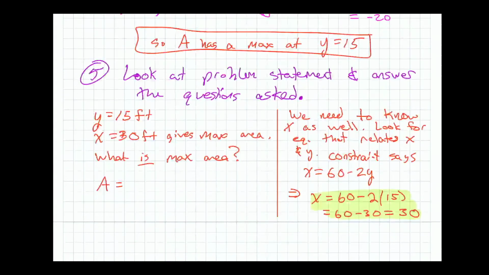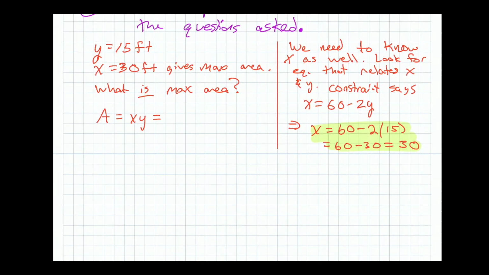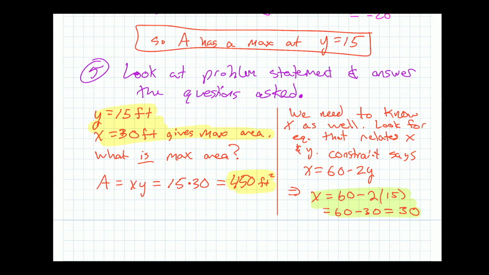So go back here, area is x times y, which is 15 times 30, 450 square feet. So here are your dimensions that give you the max area, and your max area is 450 square feet. Because that's what they wanted. So you're just interpreting what you can get from that y equals 15 that you had.